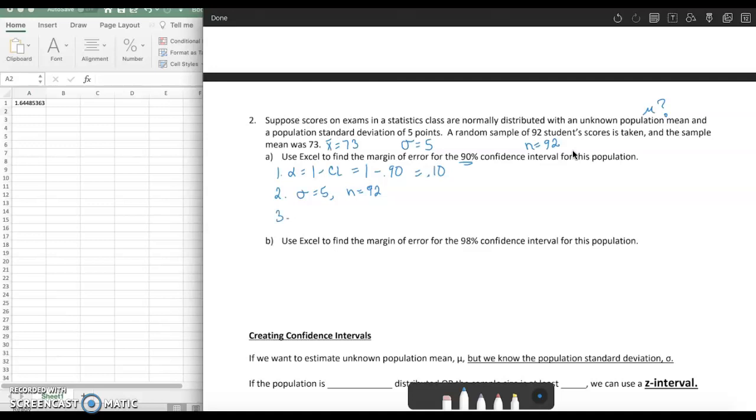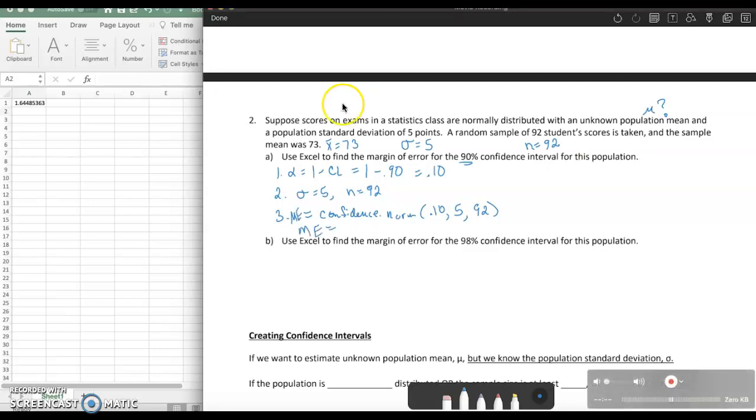So all that's left is to go into Excel and use our equals confidence.norm command. And it takes the values alpha, comma, sigma, comma, n. So alpha is 0.10, sigma is 5, n is 92. This is how we calculate the margin of error.